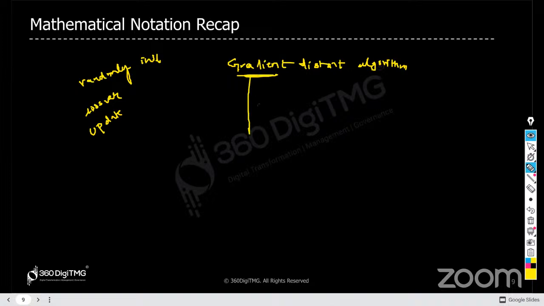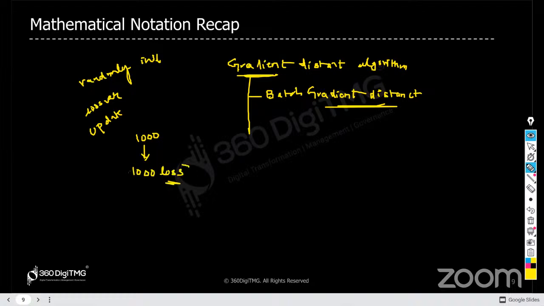One is batch gradient descent algorithm. What happens here? Suppose you have 1,000 observations and you pass all of these to your neural network, you will get 1,000 different loss values as we talked about before.